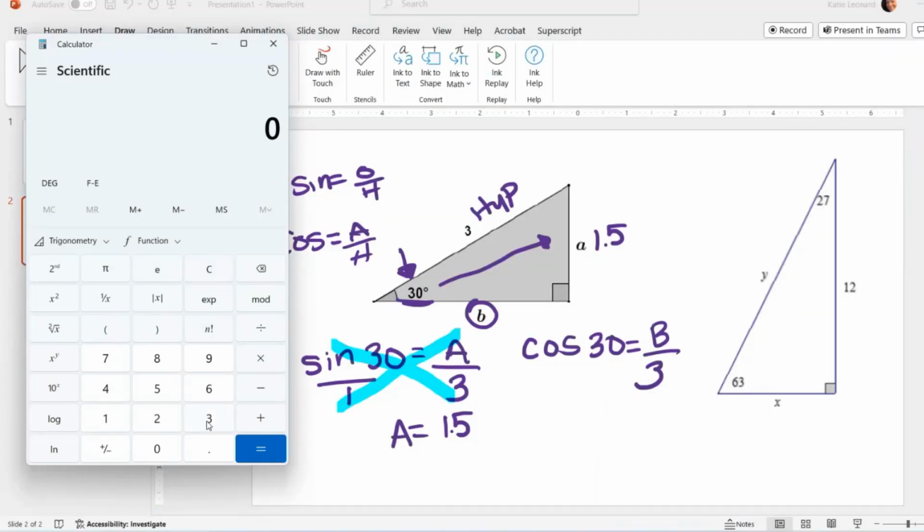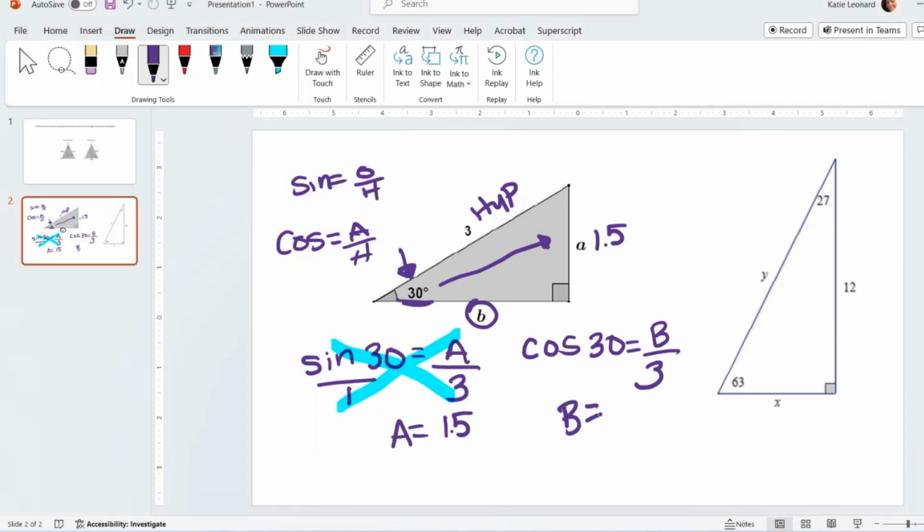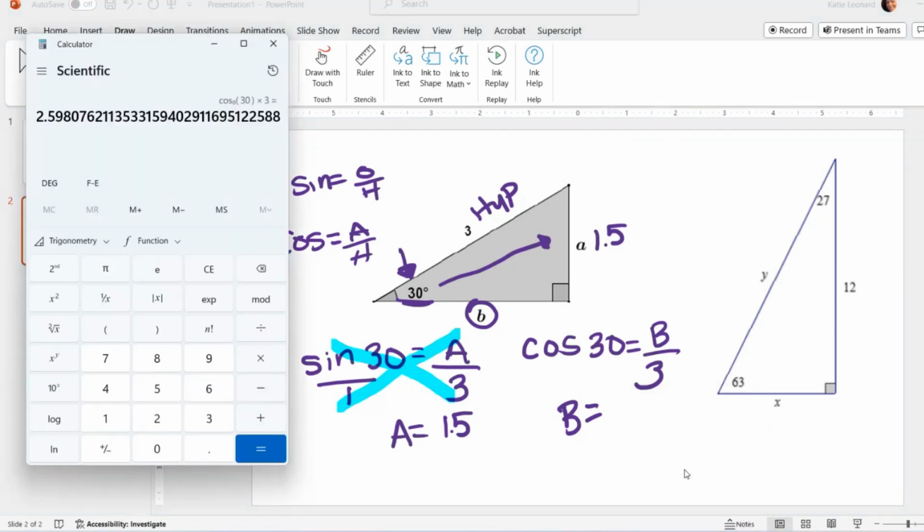And I'm going to do the cosine of 30. And I'm going to times that by 3. And I get 2.59807, so on and so forth. I'm going to round that. I'm going to round it so that we are just going to put 2.6.